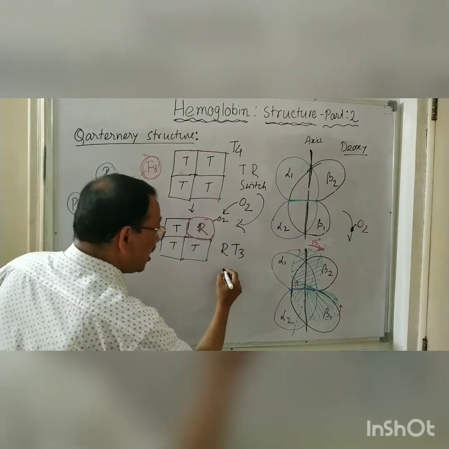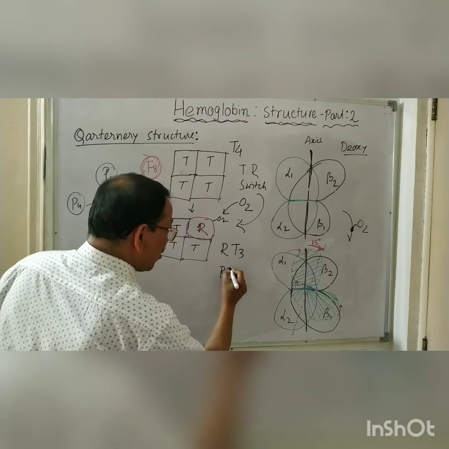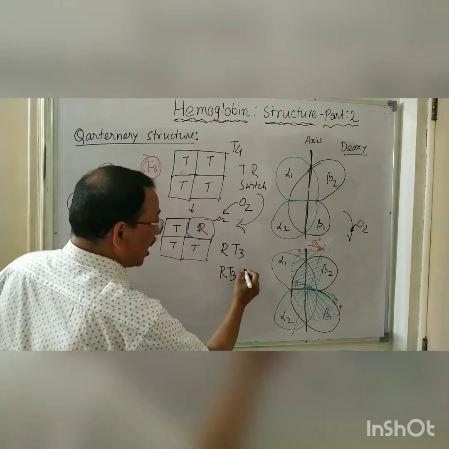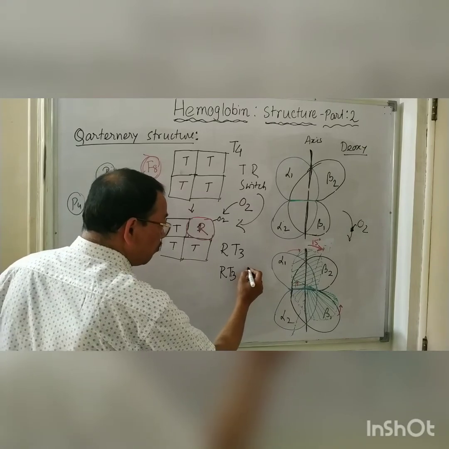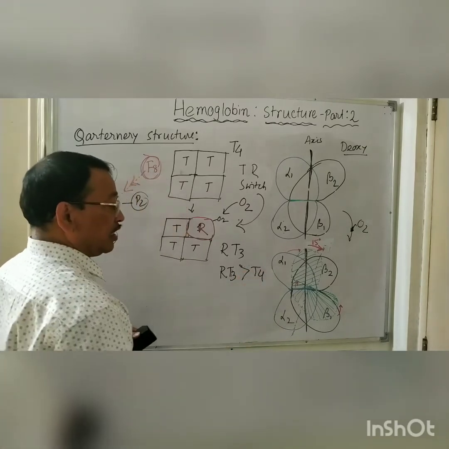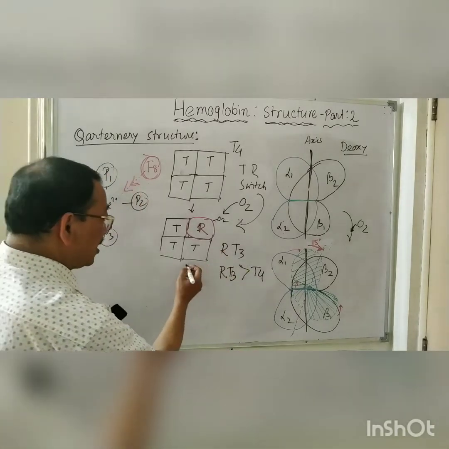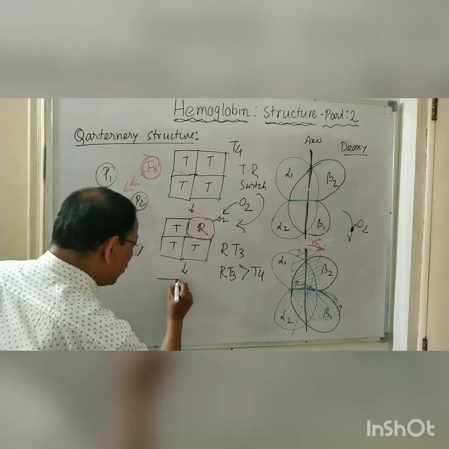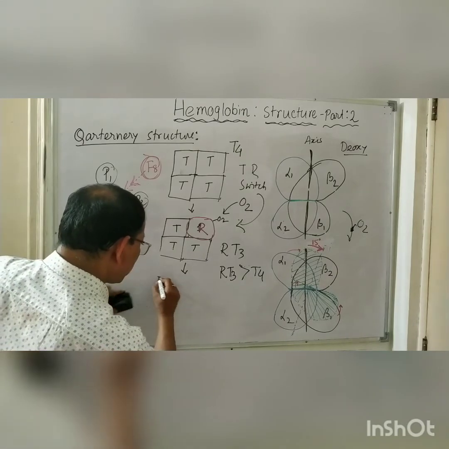That means the affinity of oxygen to bind with RT3 will be more than with T4. So easily the second molecule of oxygen will now bind with another T molecule.